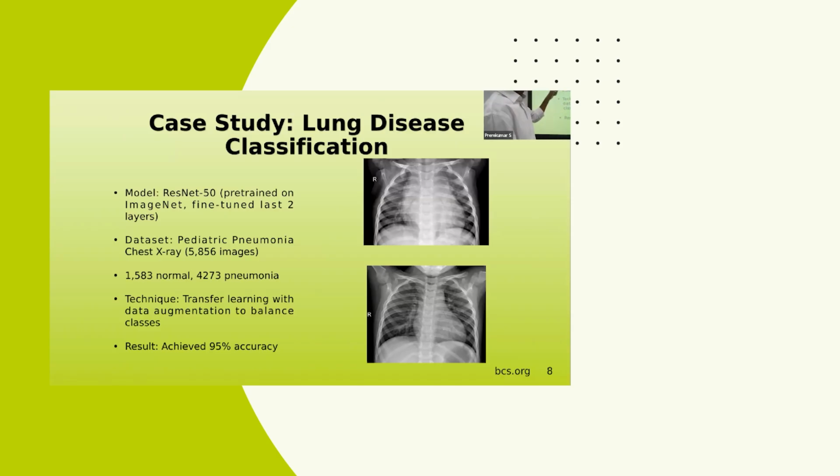The ResNet 50 pre-trained model was trained on the ImageNet dataset, which consists of 1,000 classes with 1,000,000 images. So this model was already trained on 1,000,000 images and can classify between 1,000 classes.